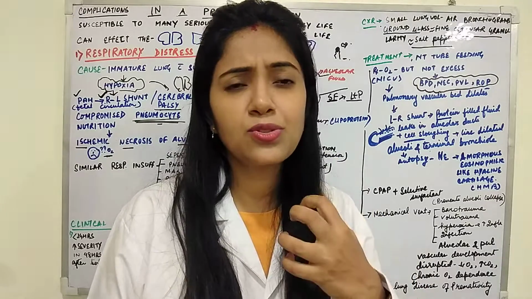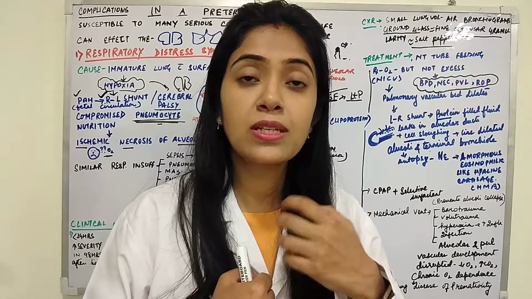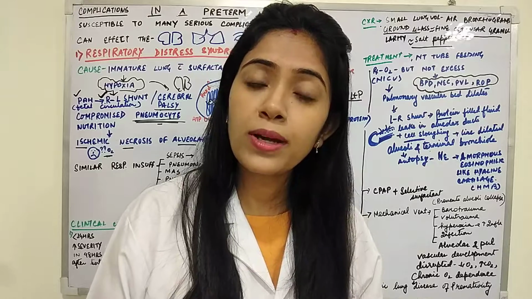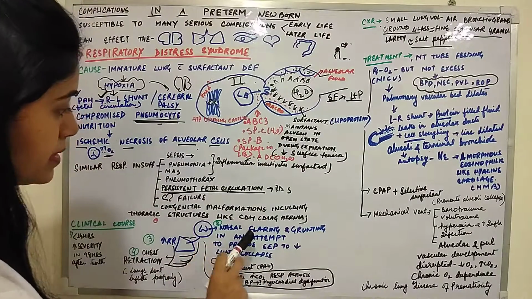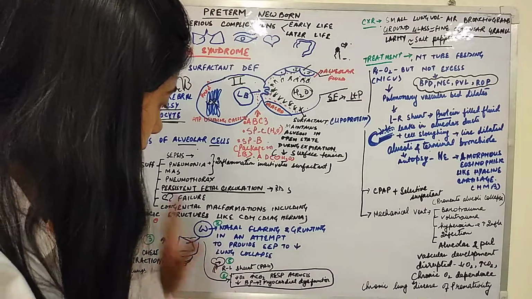So the child tries through the nose to maintain some pressure during expiration. So there is grunting and nasal flaring. The lungs do not open up well, so there is chest retraction, grunting, nasal flaring.